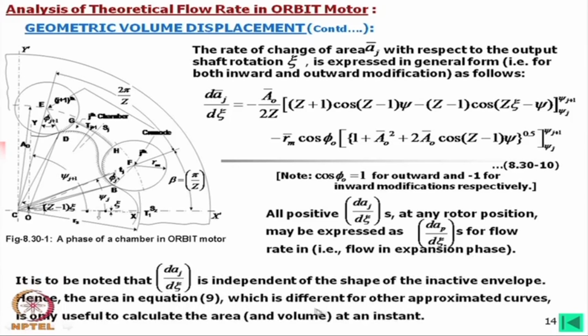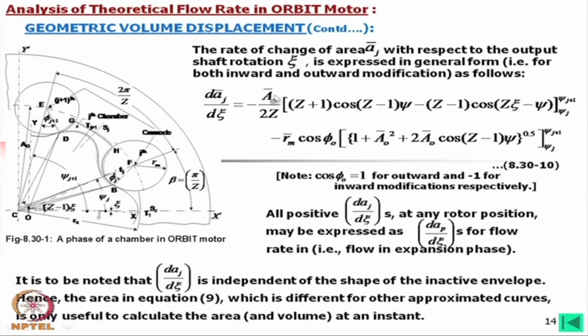Anyway, our purpose is to find out the swept volume. So, it is to be noted that this rate of change of area is independent of the shape of the inactive envelope. This is the inactive envelope. Maybe suppose this is the contact point up to this. So, this portion is active, and this circular arc and this circular arc are inactive.